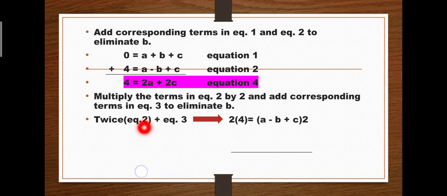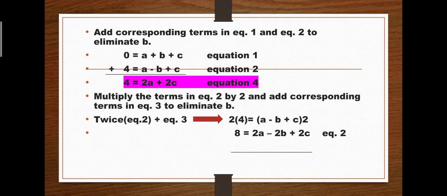So, twice equation 2, diba, plus equation 3. So, ang equation 2 natin is ito, 4 is equal to a minus b plus c. So, multiply both sides by 2. So, kaya merong 2 sa labas, 2 times 4, then the quantity of a minus b plus c times 2.